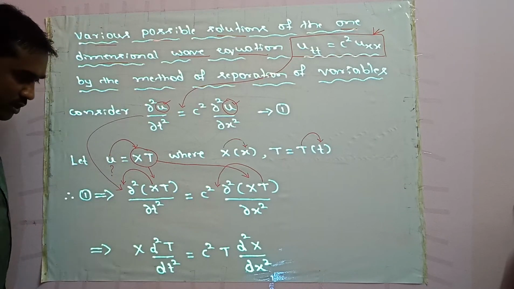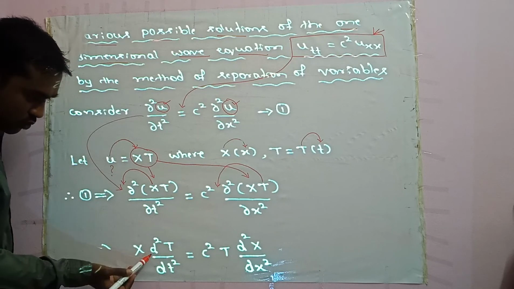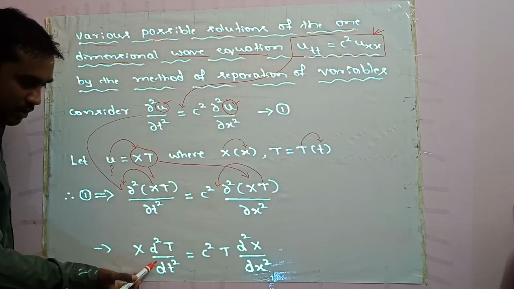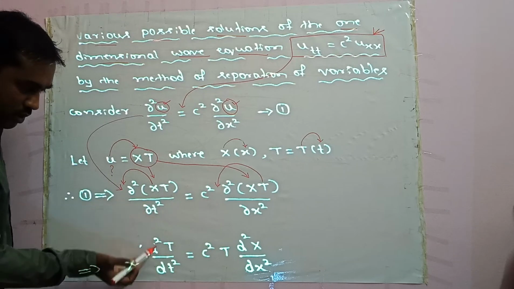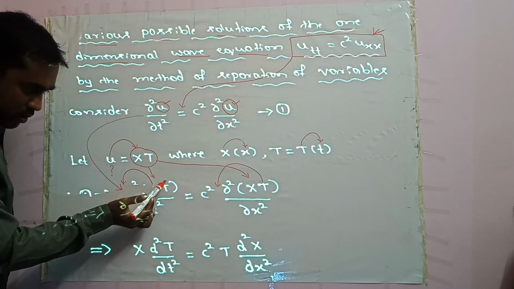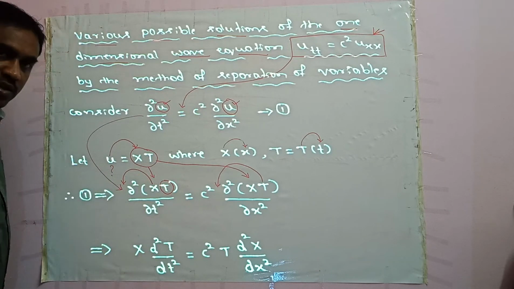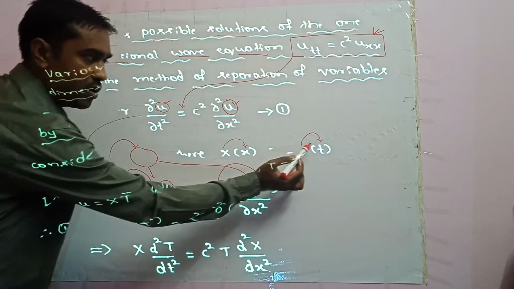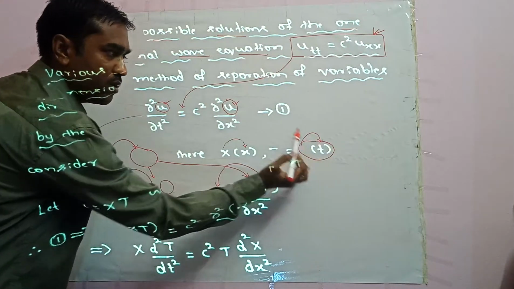And we can observe one thing: instead of writing ∂ we have written d, because our function T depends on only one variable.